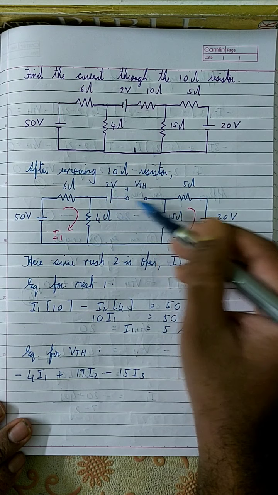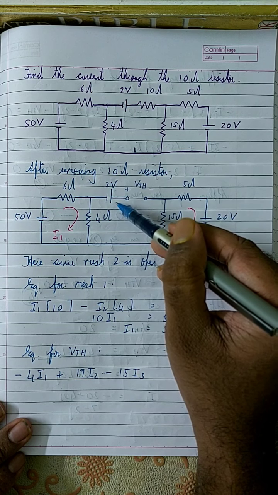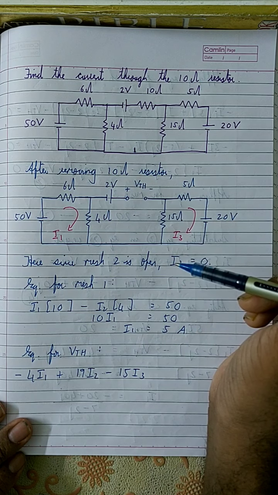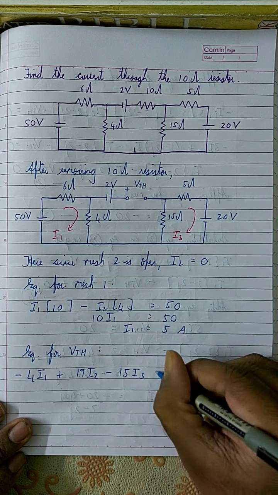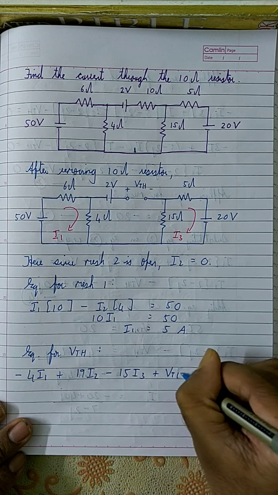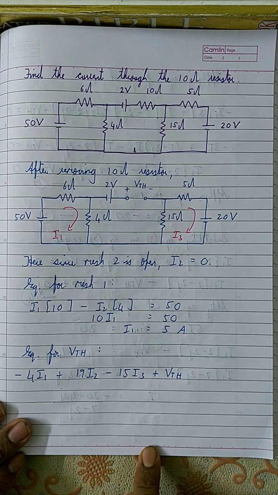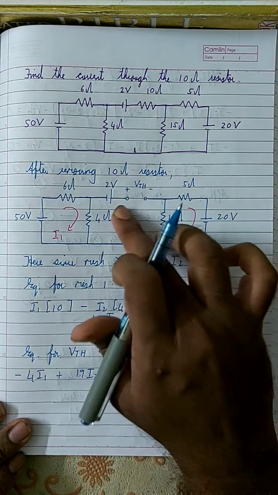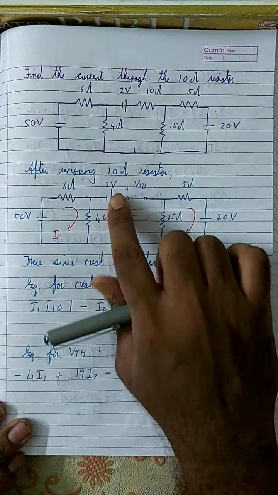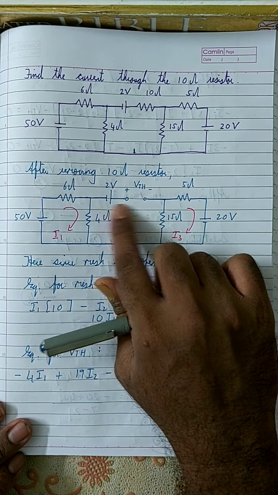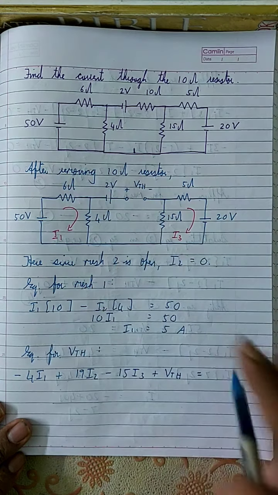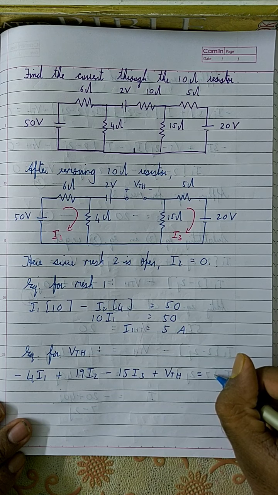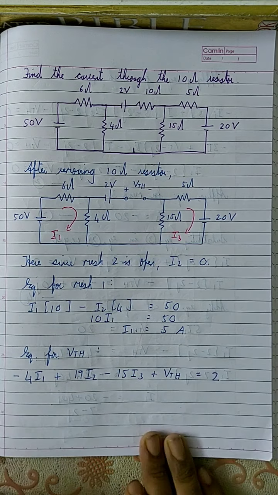Which means it's flowing in this branch from left to right, which means it is flowing from a higher potential to a lower potential, which means it is plus VTH. Now let's see the voltage source. Here the positive terminal of the 2 volt is actually generating I2, or is supporting the flow of I2, which means it is plus 2.